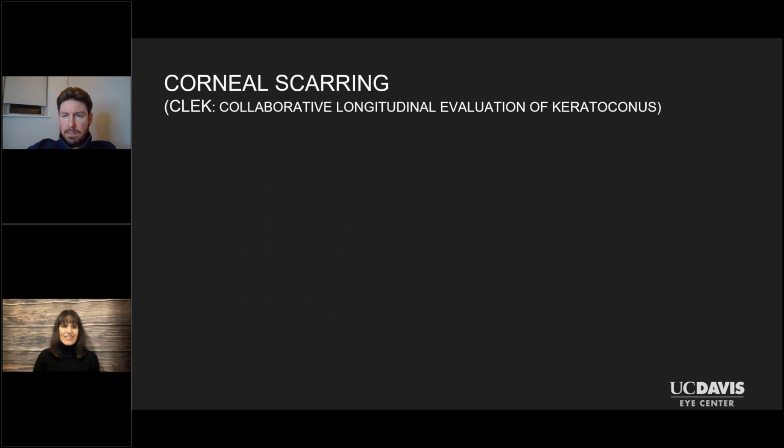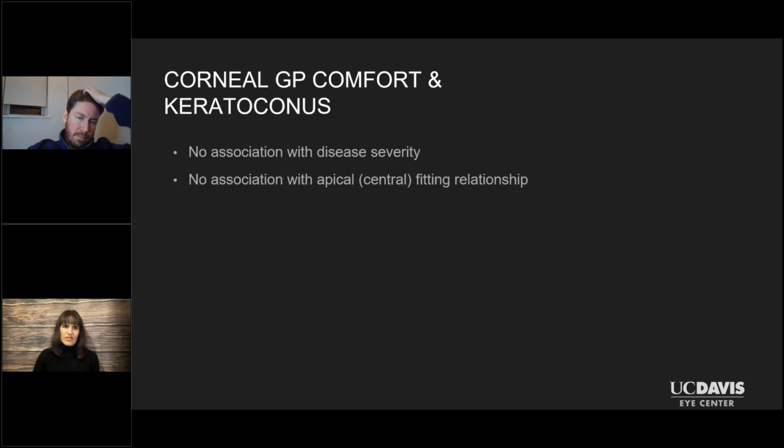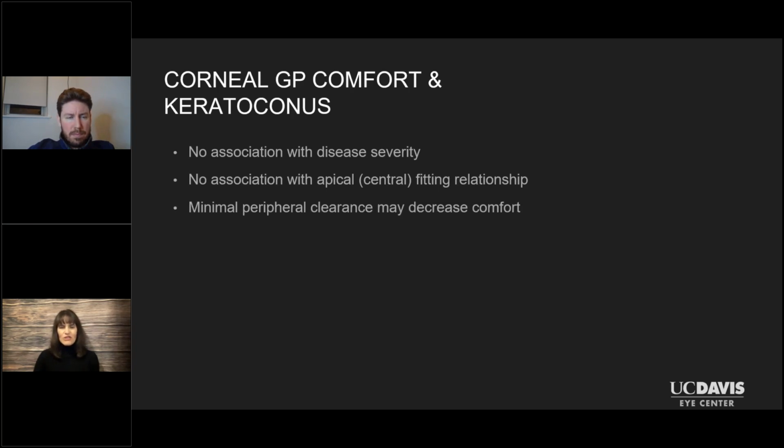This is the CLICK study, as we had mentioned previously. This is looking at scarring in patients with keratoconus and showed that with corneal staining, there was a higher risk of corneal scarring. So we want to make sure that we are not bearing on that cornea. This was interesting, looking at keratoconus and disease severity: there was no association with the central fitting relationship.